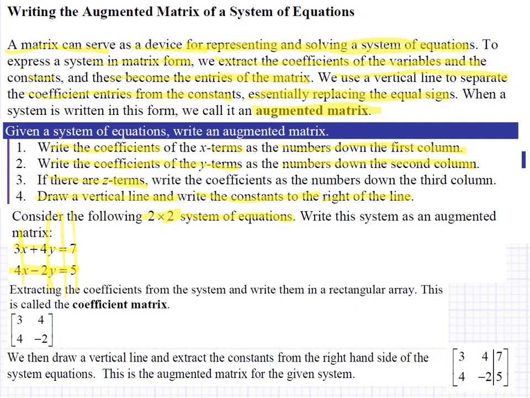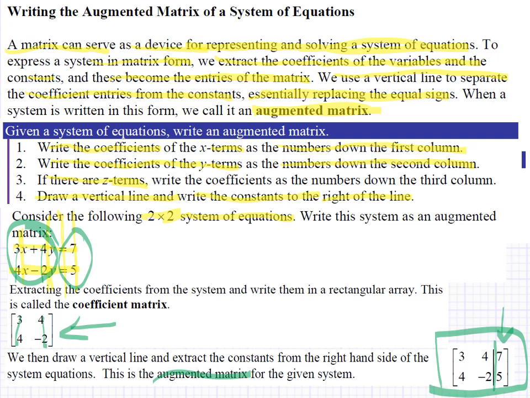If this is the case, if you look at just the left-hand side here, we could rewrite that by stacking our x's over into the first column as far as the coefficients, so 3 and 4, and then we could stack our y coefficients, 4 and -2, in the next column, creating what we call the coefficient matrix. However, we're going to expand this into what we call the augmented matrix by then simply drawing a straight line after that coefficient matrix and then writing the constants on the other side, 7 and 5. So this right here would be your final augmented matrix.